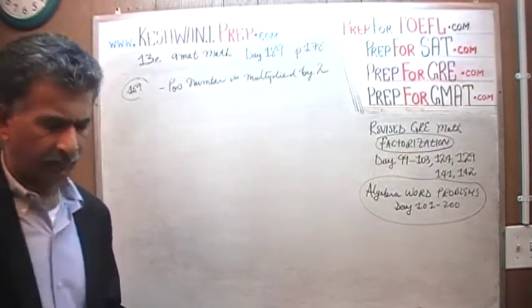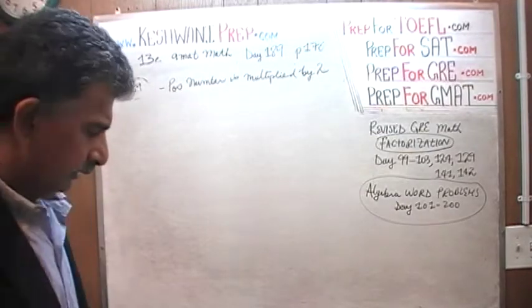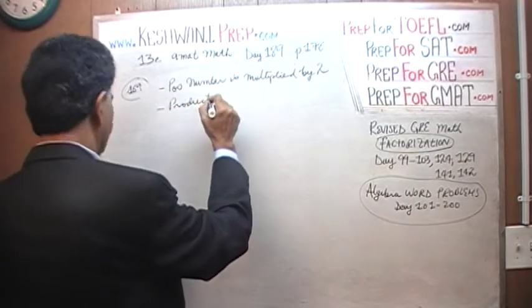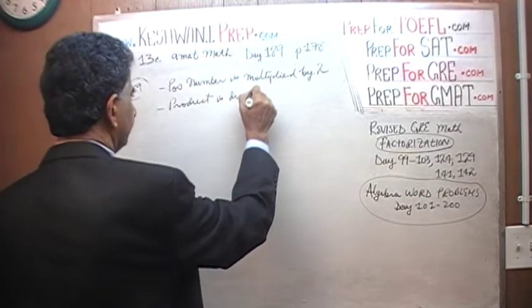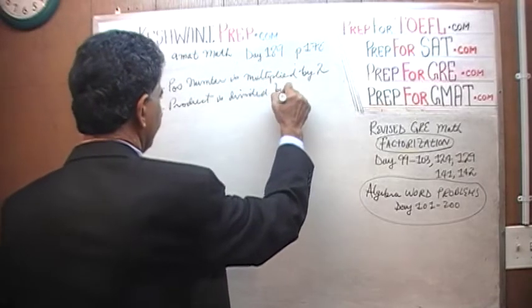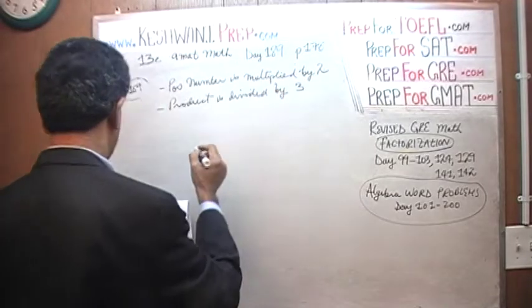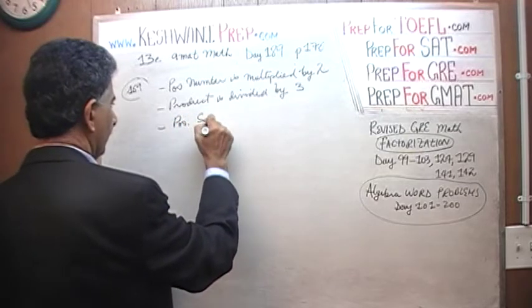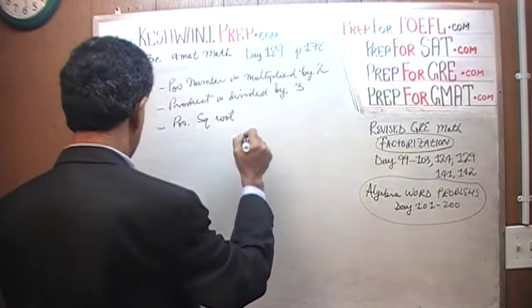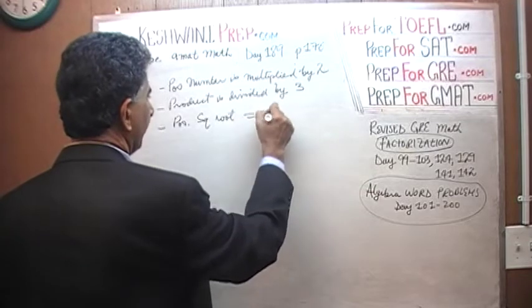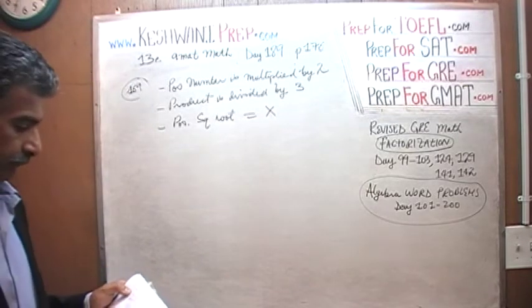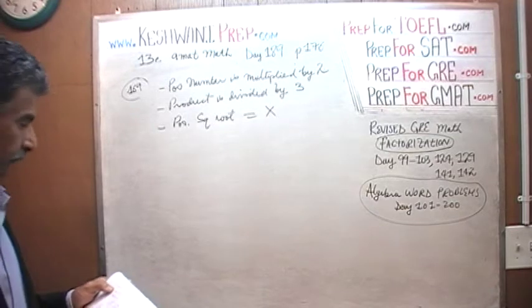Then we are told that the product is divided by 3. Then we take a positive square root of it, and we get x, what we started out with. The question simply is, what is x?